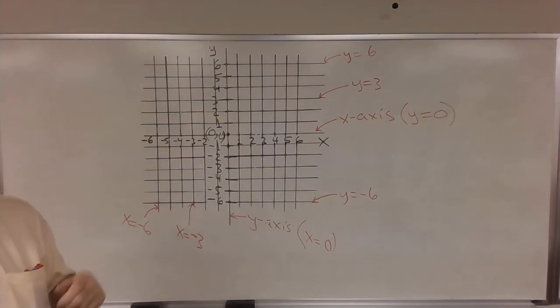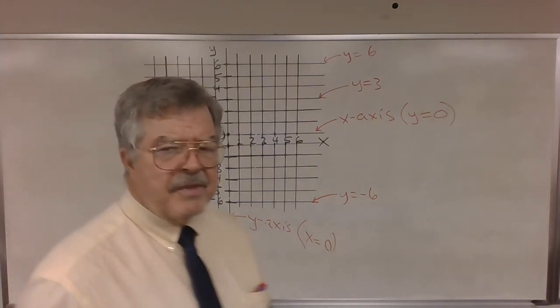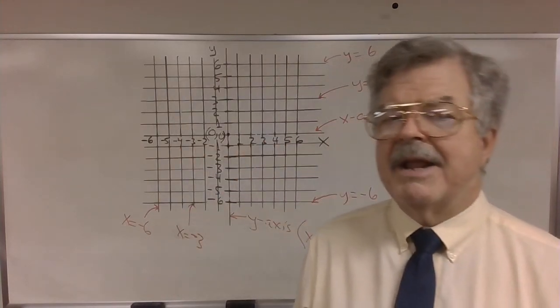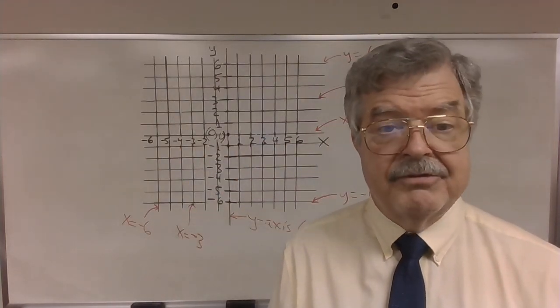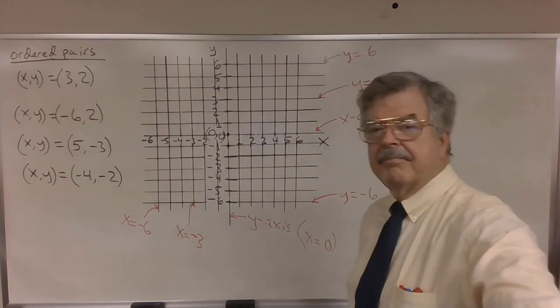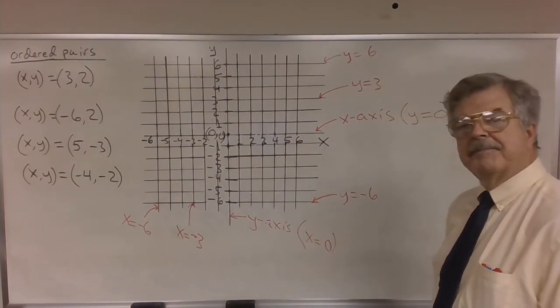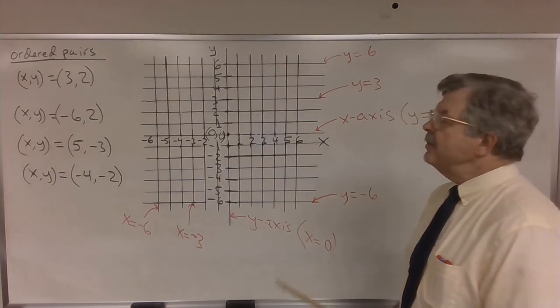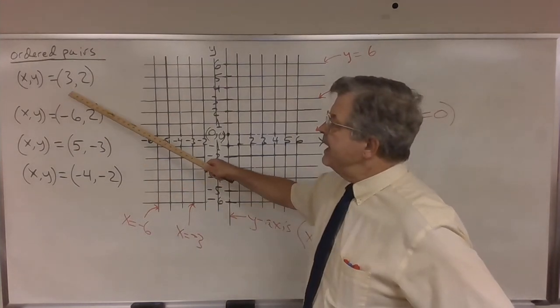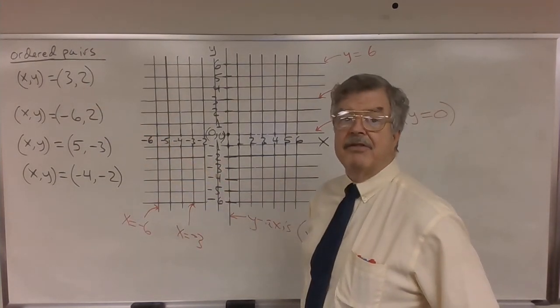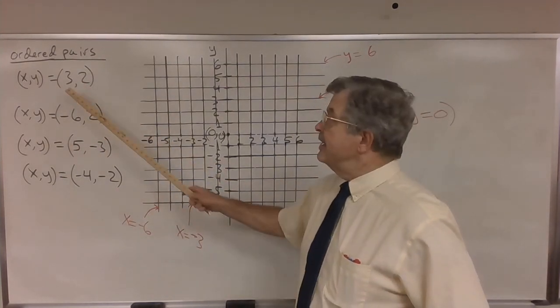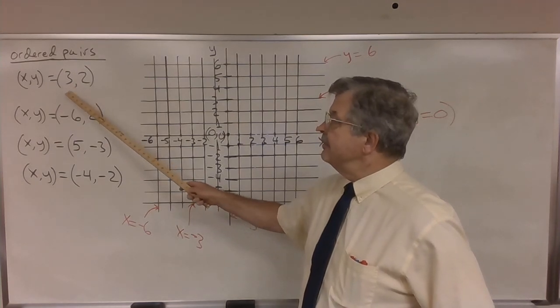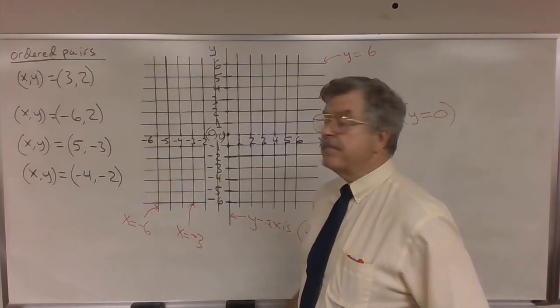Now, we'd like to move on to bigger and better things. So we're going to be plotting ordered pairs of numbers. Here we have pairs of points, and we say that they're ordered because the order in which the numbers appear is significant.